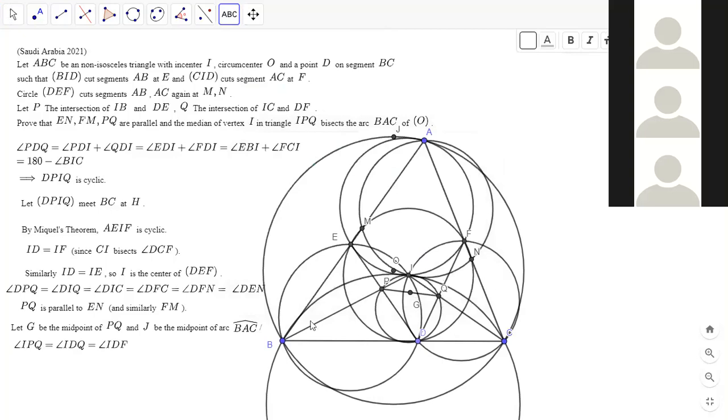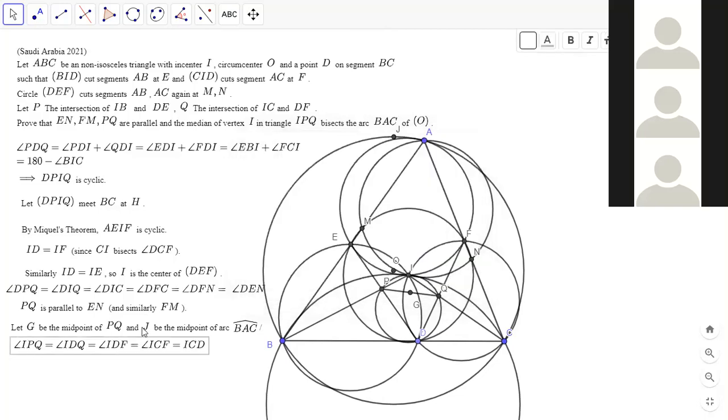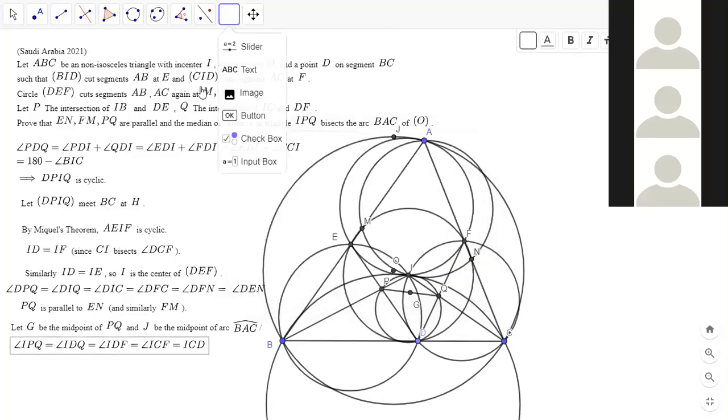I think that's F, right? Yeah, which is ICF, which is angle ICD. And so that means that BPQC is cyclic.